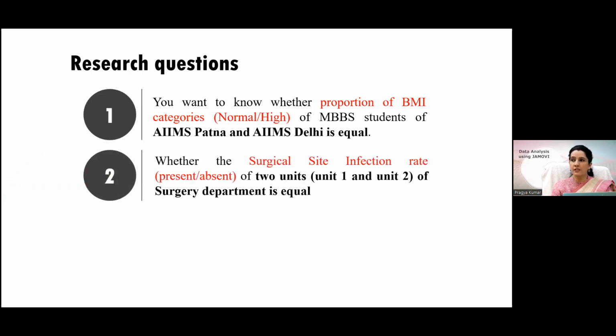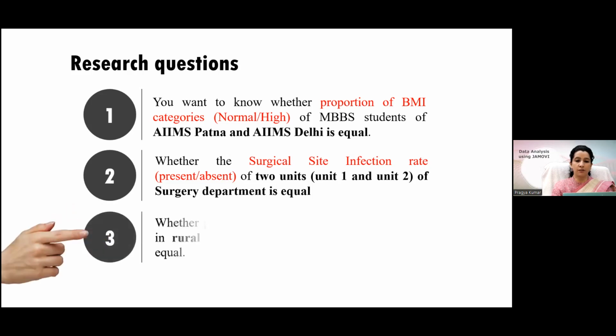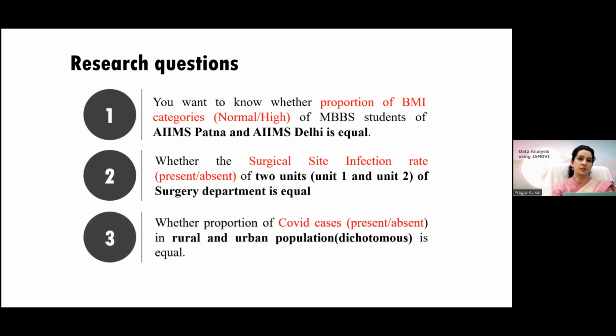The second research question could be whether the surgical site infection rate, which has been classified as present or absent, in two units, unit 1 and unit 2 of the surgery department, is equal or not. And the third research question could be if there are two populations, like COVID cases being reported from rural and from urban areas.